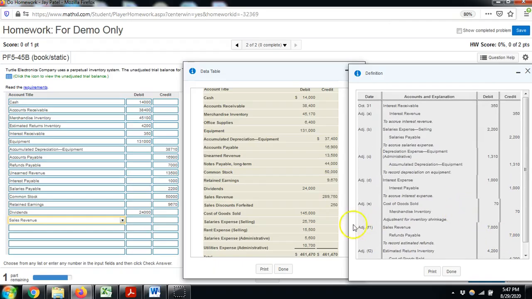So I believe that's it. We basically have to take this number and subtract 7,000 since it's a credit balance and we hit it with a debit here. So that is $282,750. We also have another revenue, this interest revenue that we need to add.